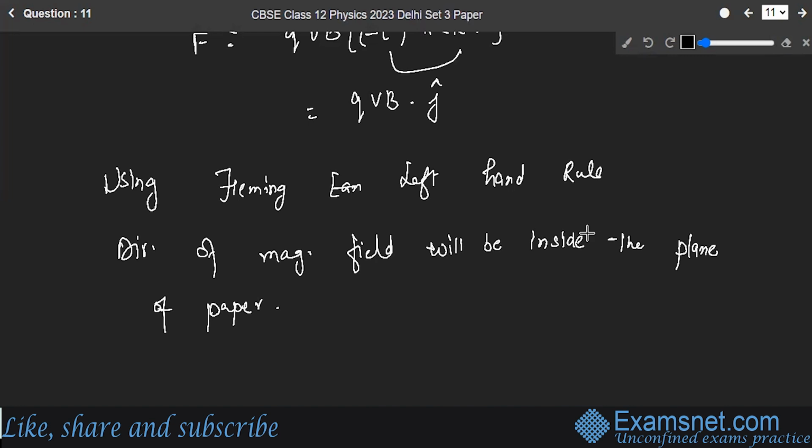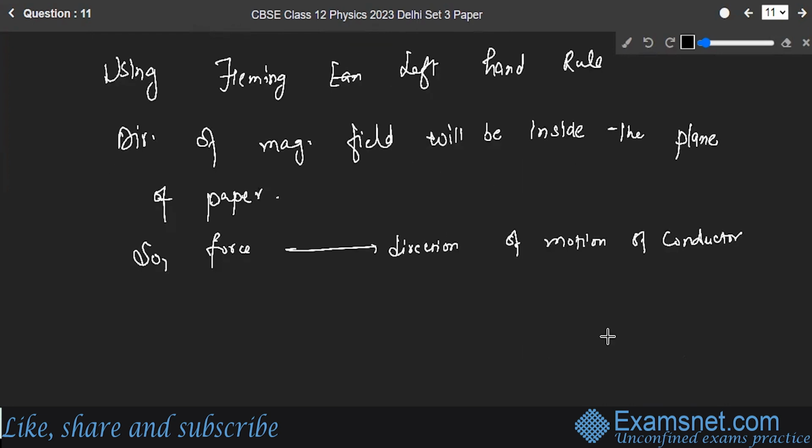So the force will be in the direction of motion of the conductor. Therefore, the direction of force will be in the positive y direction.